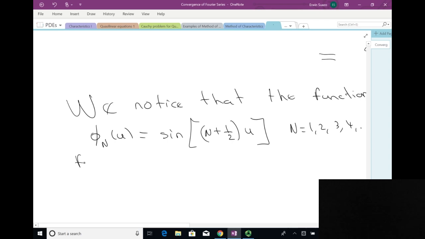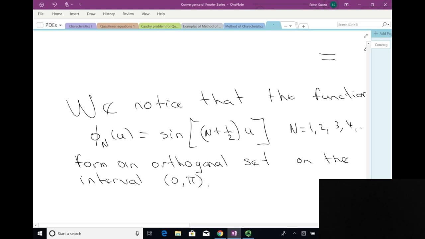For an orthogonal, non orthonormal, or form an orthogonal basis. You are experts on this, so that's what I like better. Form an orthogonal set on the interval 0 to pi.